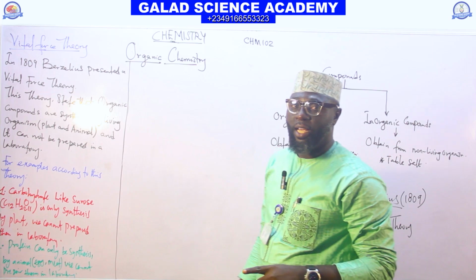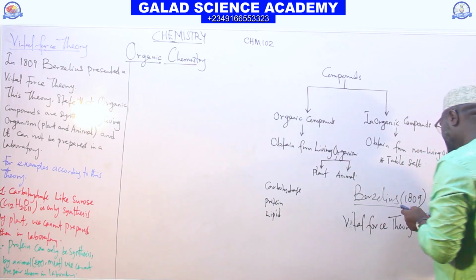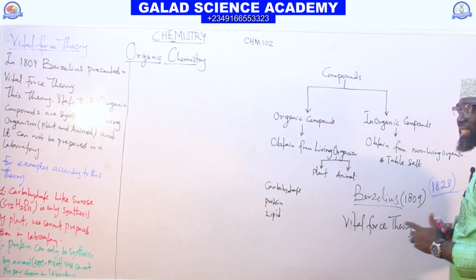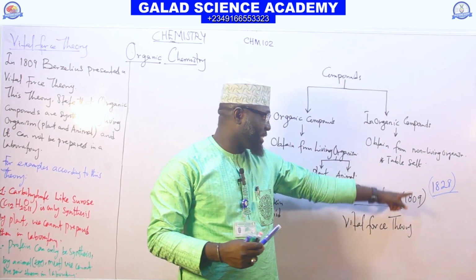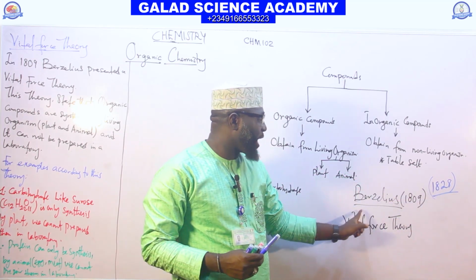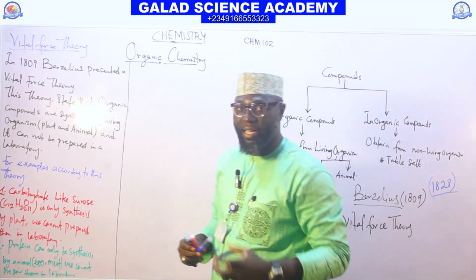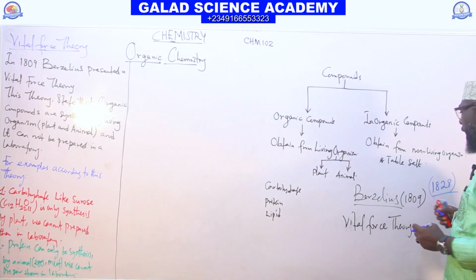But it could not be believed for long. In 1828 or 1829, 19 years after Berzelius, another person came, a German scientist, and his name is Friedrich Wöhler.